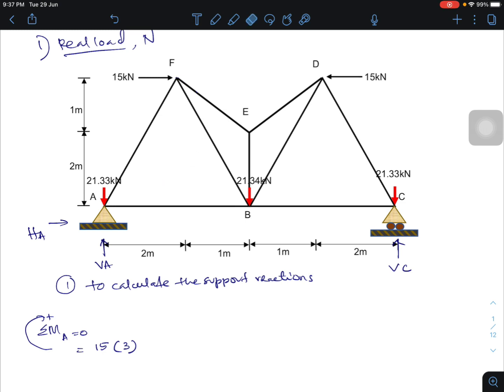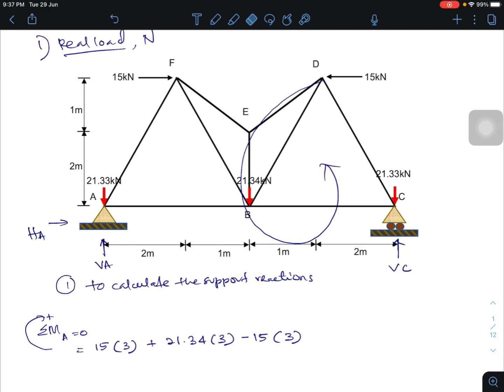And then we must consider this point load at B. This one will rotate in clockwise direction, 21.34 times 3 meters. And then we have this load, which will rotate anti-clockwise about joint A, so this one becomes negative 15 times the vertical distance from D to A of 3 meters.